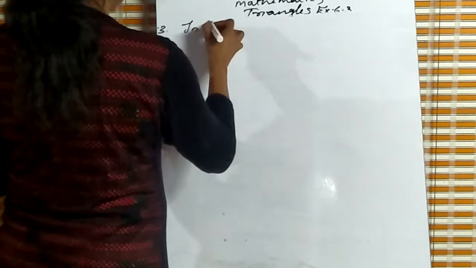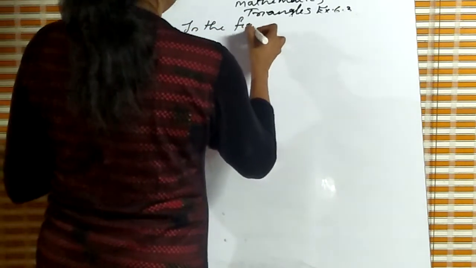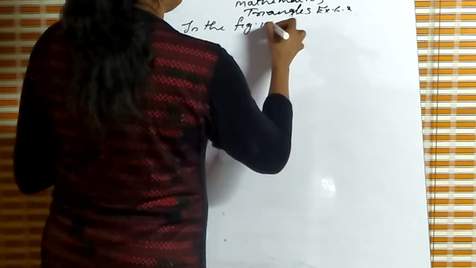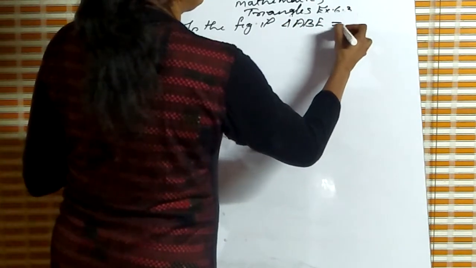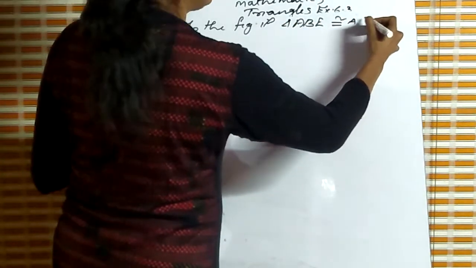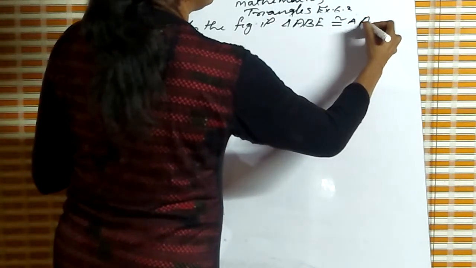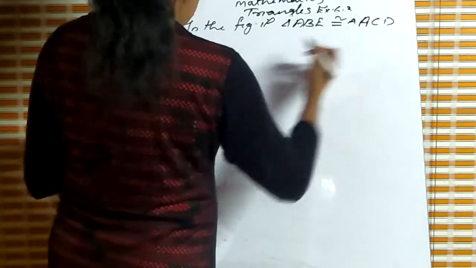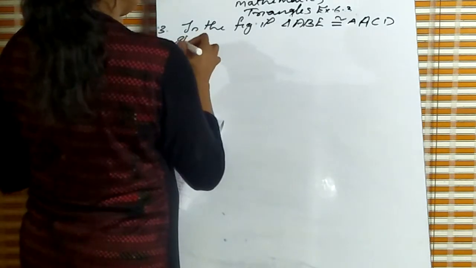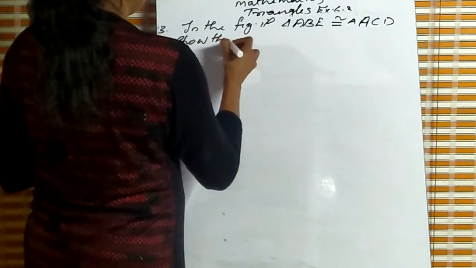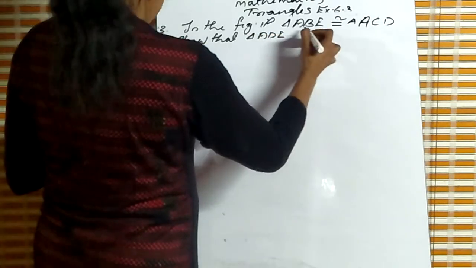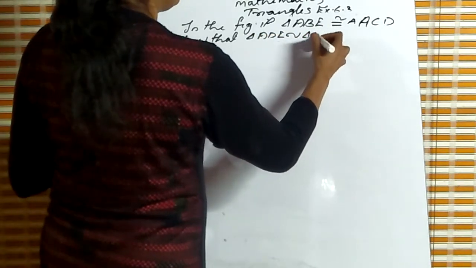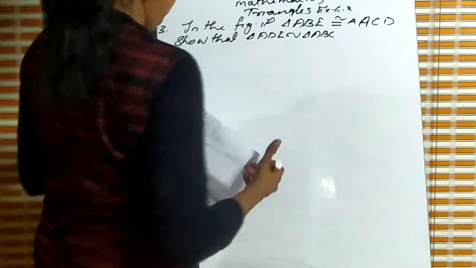Next question. In the figure, if triangle ABE is congruent to triangle ACD, show that triangle ADE is similar to triangle ABC.